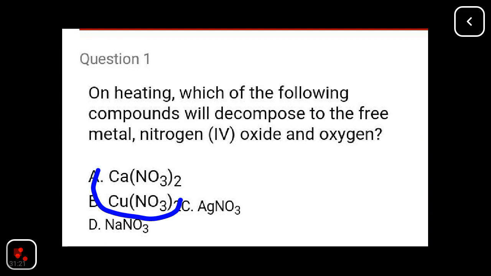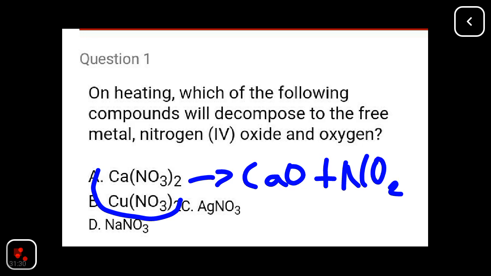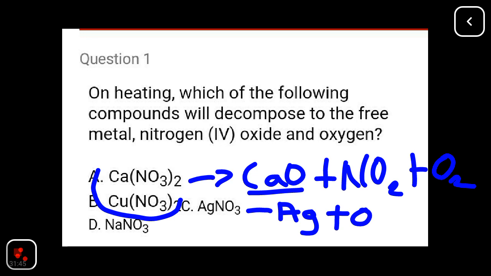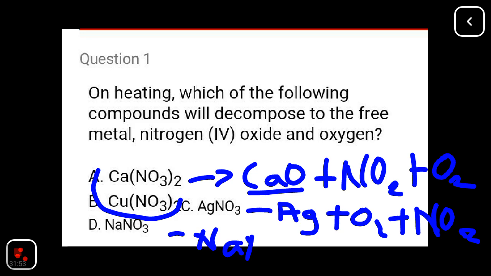This guy is a part of C to C. So you're going to form calcium oxide plus the NO2 that they mentioned plus the oxygen gas that was already given out by the ones above C to C. So this guy will form its metal oxide, decomposed to give you metal plus oxygen gas, then plus the NO2. While this guy will just form NaNO2 plus oxygen. You just give out oxygen there. Plus oxygen gas.